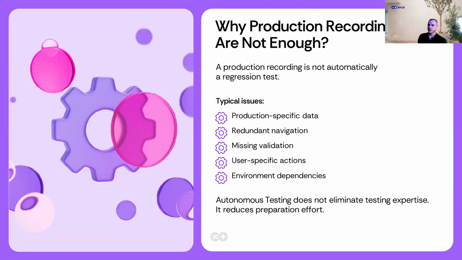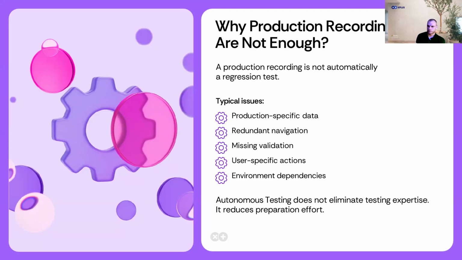Yeah, so autonomous testing does not eliminate testing expertise. Once we have imported something from discovery, a test manager or tester is still required to see if something needs to be changed. Maybe some steps require changes or removal. And of course, testers should also check what should be validated in the process and add validation steps to always validate expected results.